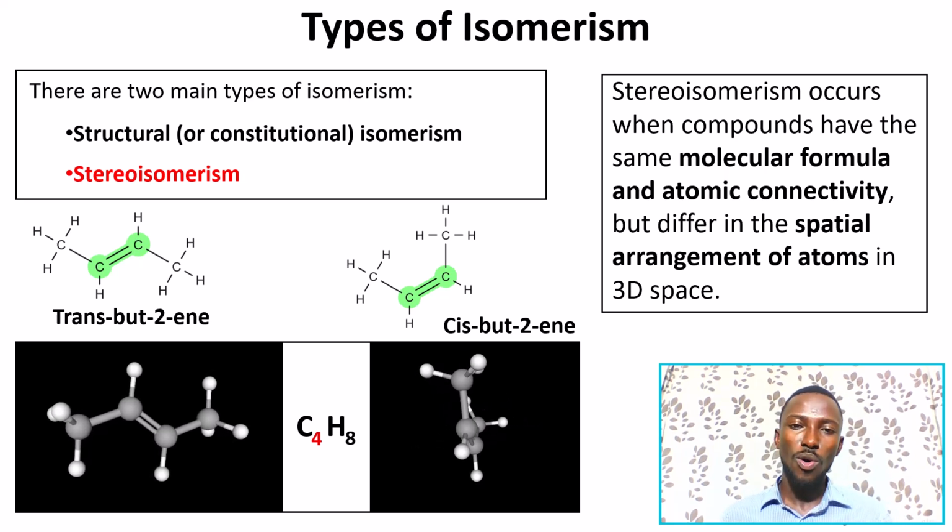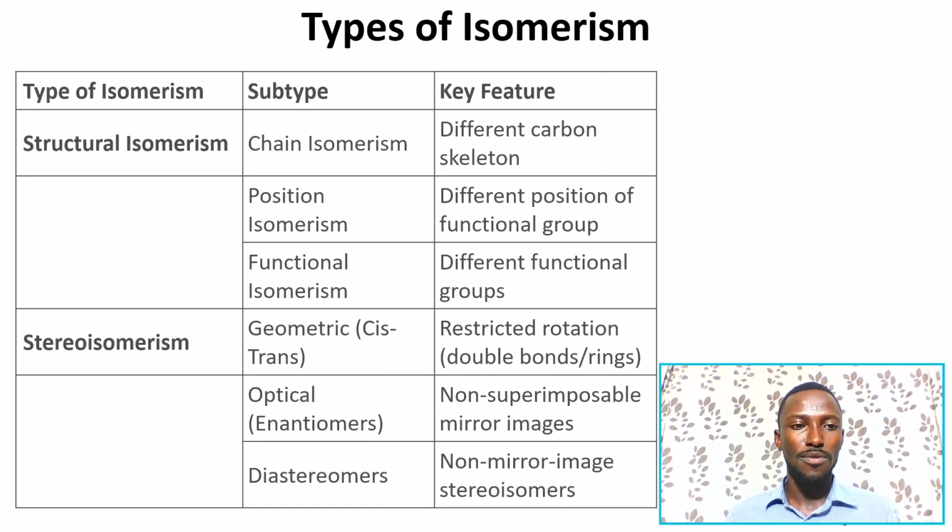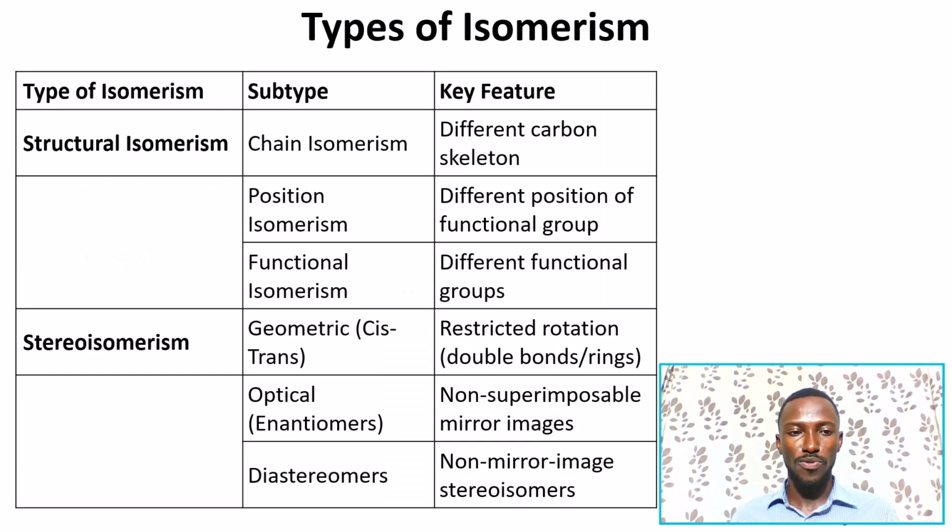Now we've discussed what isomerism is and the types that exist. Let's have a look at this table to summarize what we've done so far. So we have the 2 main types of isomerism. We have structural and stereoisomerism. For the structural isomerism, we have subtypes, which are chain isomerism, position isomerism, and functional group isomerism. For stereoisomerism, we have also 3 subtypes.